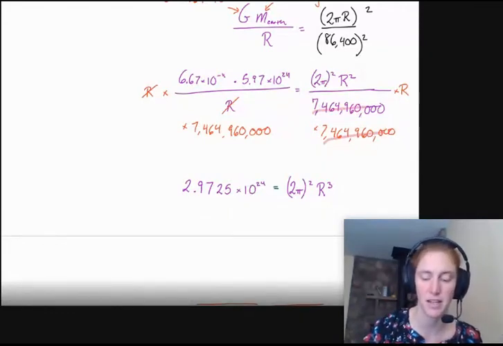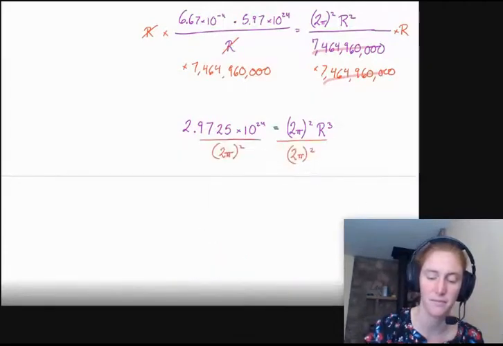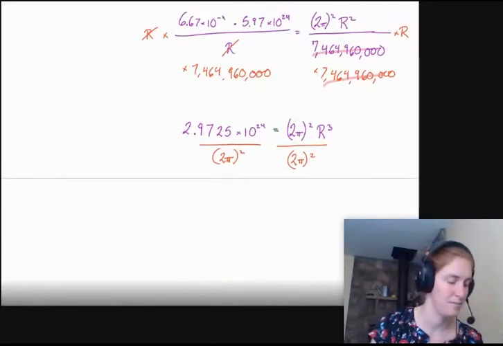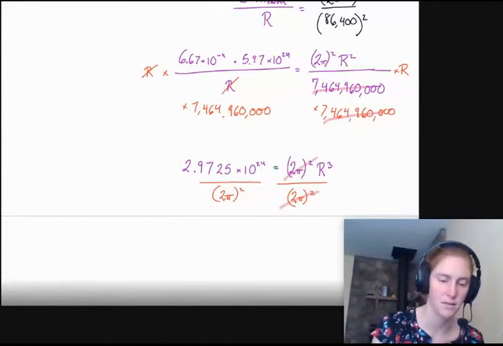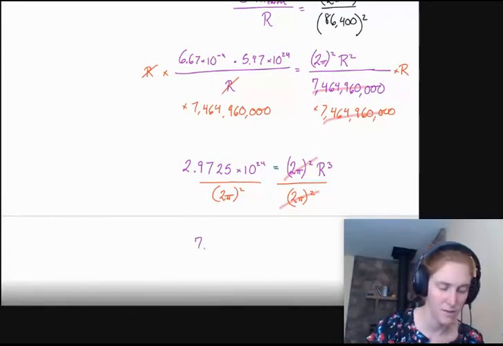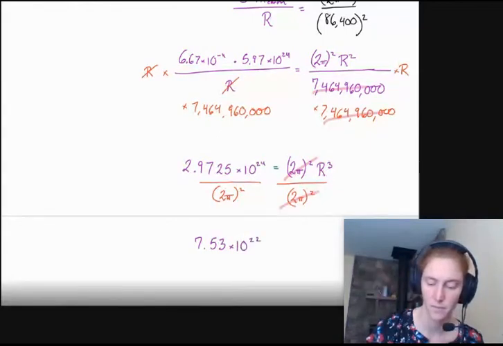So then I need to divide both sides by the 2 pi squared. So when I divide by 2 pi squared, that cancels out. And I get 7.53 times 10 to the 22 will be equal to r cubed.